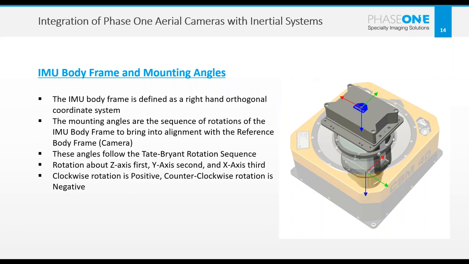So the next concept is the IMU body frame and its mounting angles. The IMU body frame is also defined as a right-hand orthogonal coordinate system. The mounting angles are the sequence of rotations of the IMU body frame to bring it into alignment with the reference body frame.